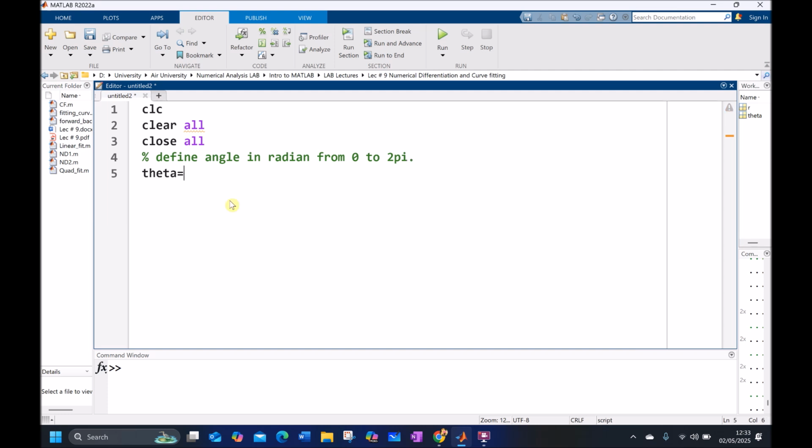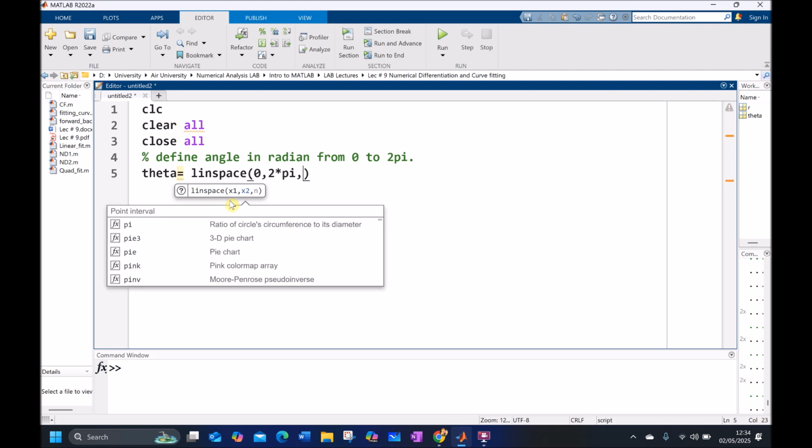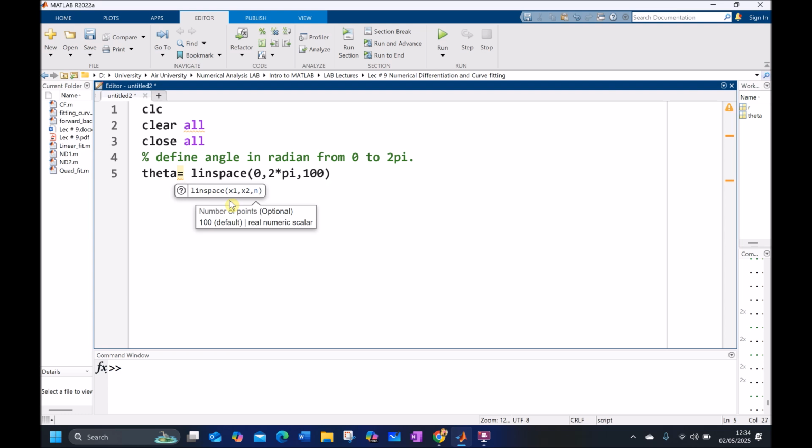Theta is equal to linspace, starting from 0 ending at 2 star pi, and we want to divide the range into 100 equal parts.